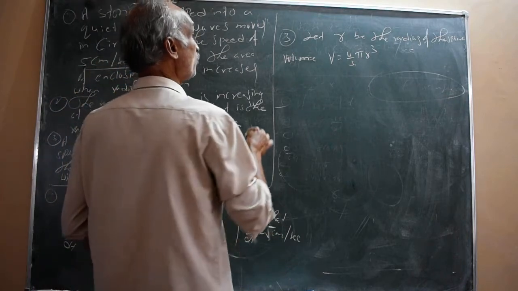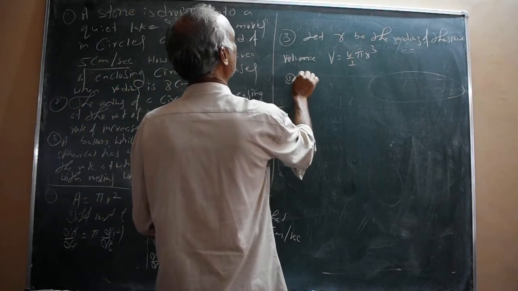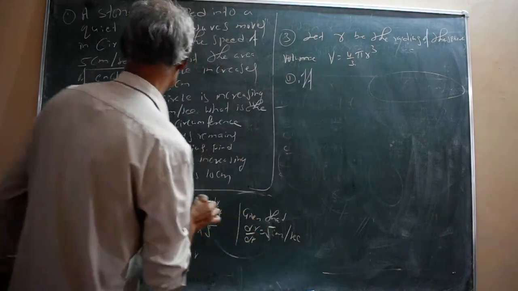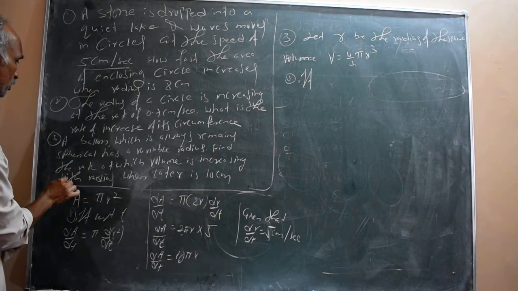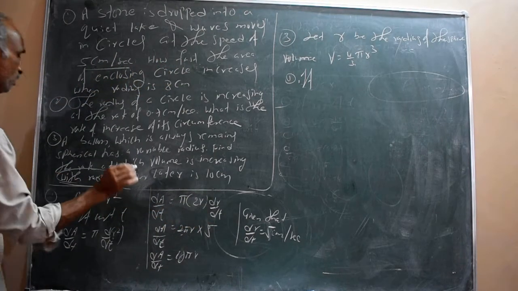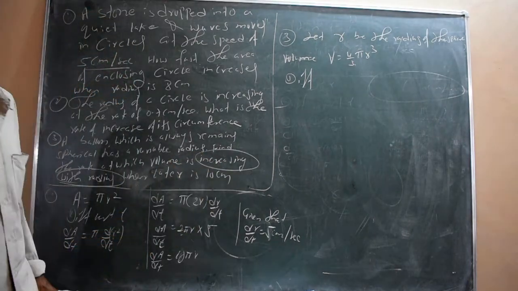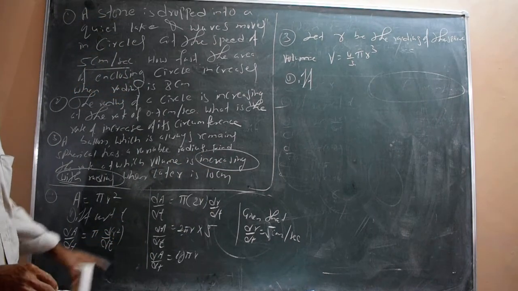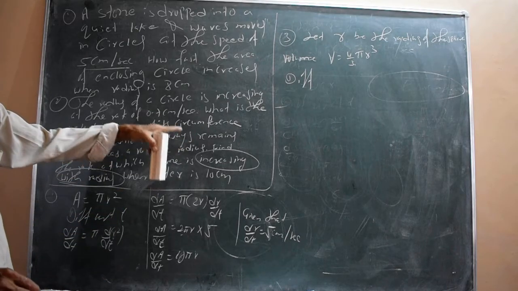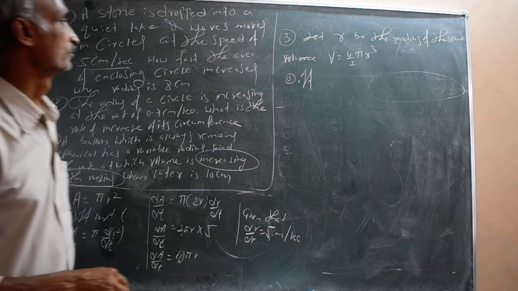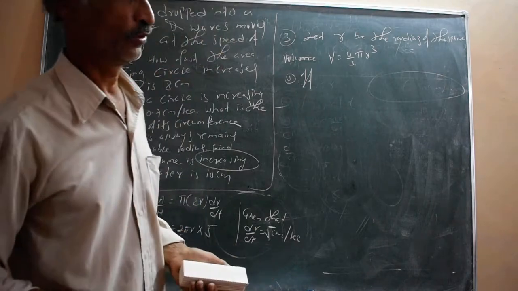So differentiating with respect to r. Here it is underlined, with radius. Increasing with radius means differentiation with respect to r. Otherwise, if it is not mentioned like that, then it is with respect to time. Majority of the problems are with respect to time.